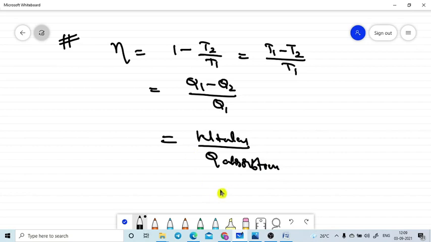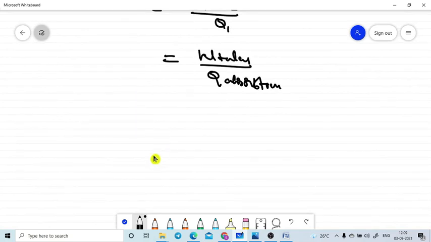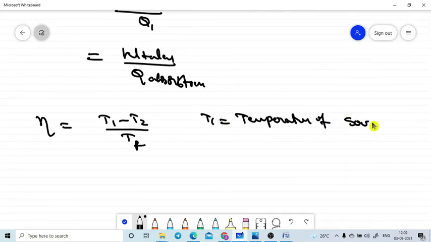So from this, you can get some conclusions. Let me check this formula. Eta is equal to T1 minus T2 divided by T1, where T1 is the temperature of the source and T2 is the temperature of the sink.